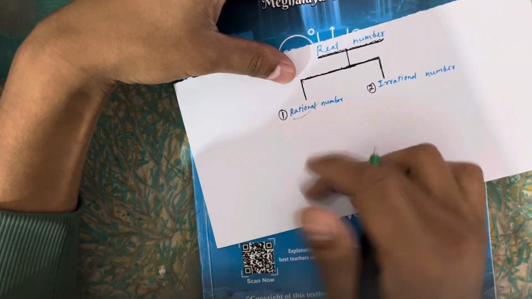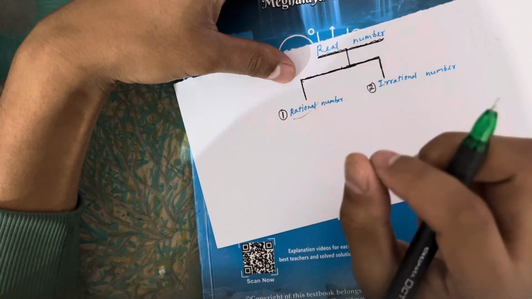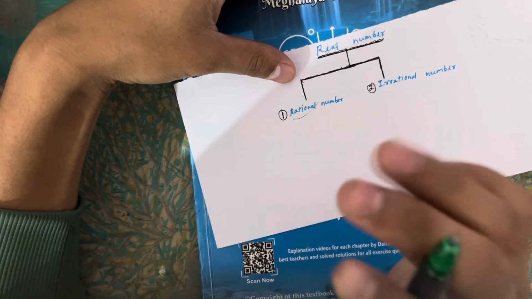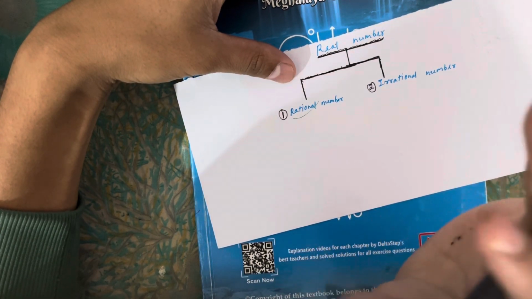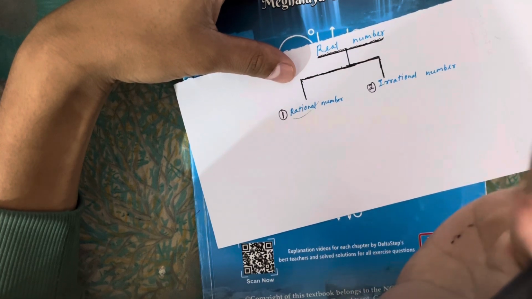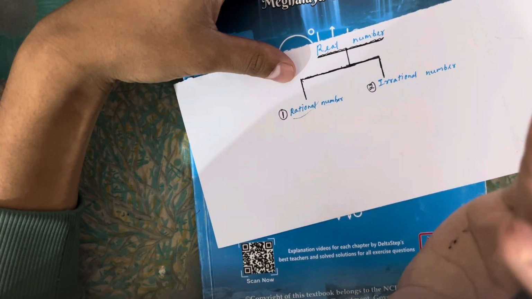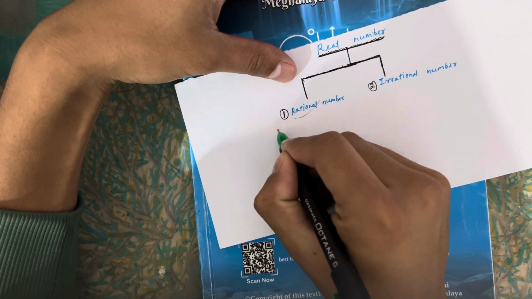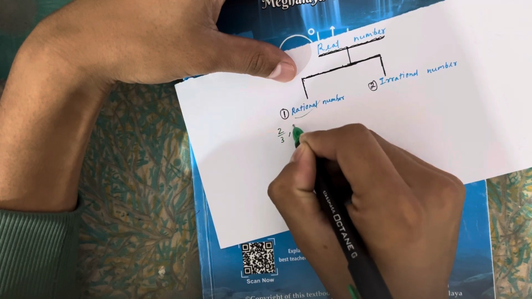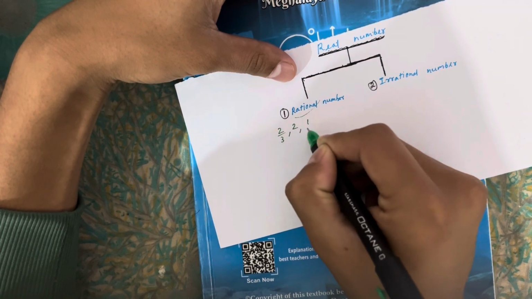Rational number, we already know what it is. A rational number is a number which can be expressed in the form p by q, for example 2/3 and 2/1.